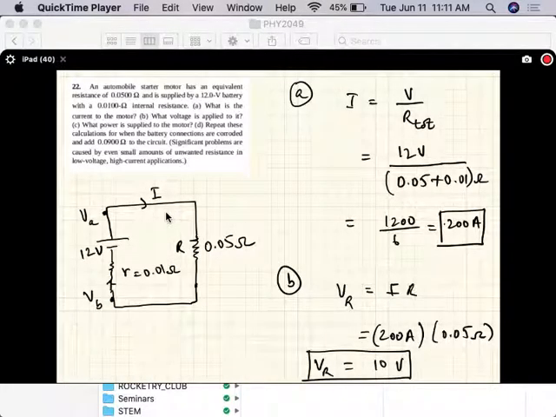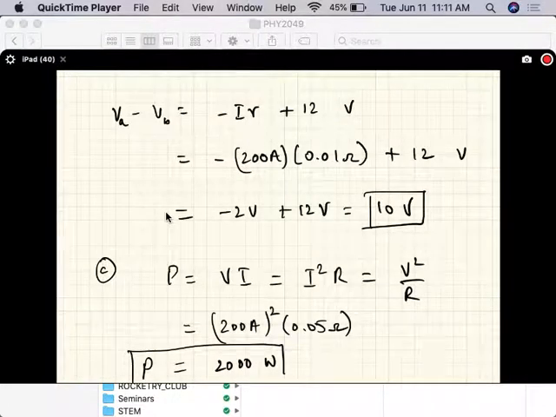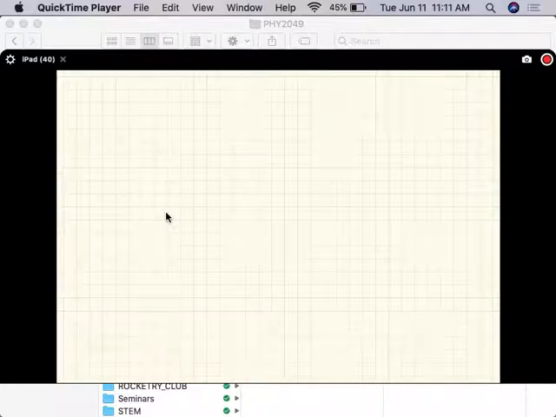And then what else? Repeat these calculations when the battery connections are corroded and add 0.09 ohm to the circuit. All right, so now what happens is the following. I'll do just one part. Now here is the internal resistance.